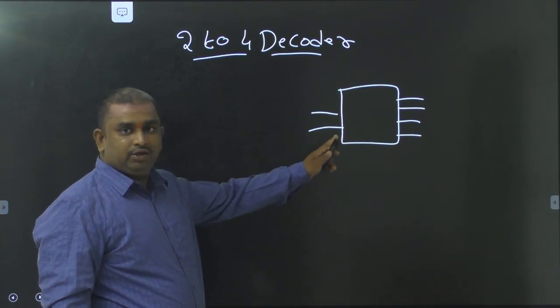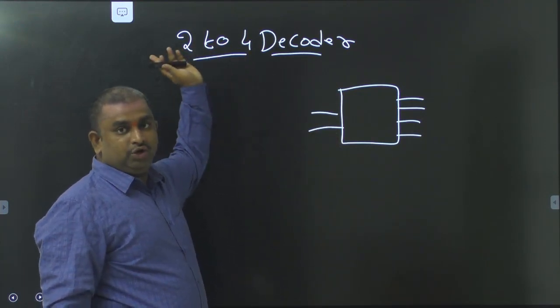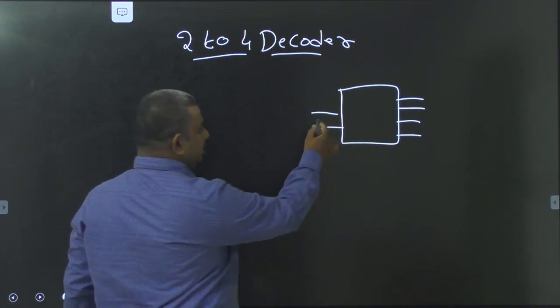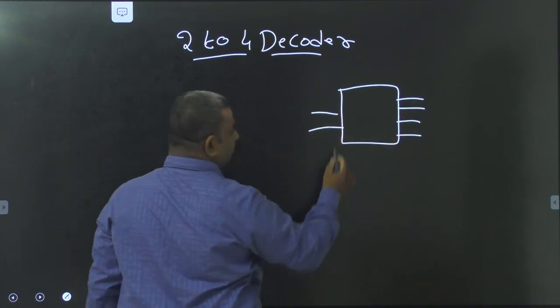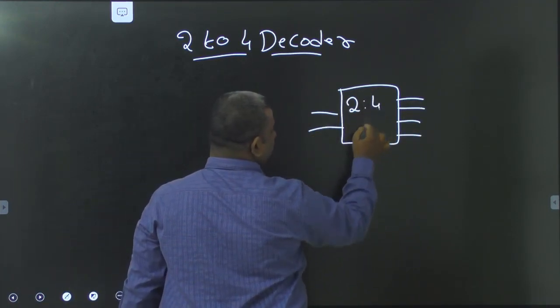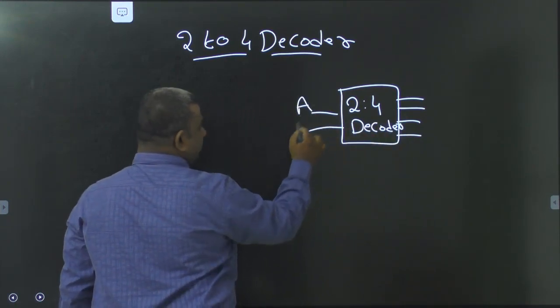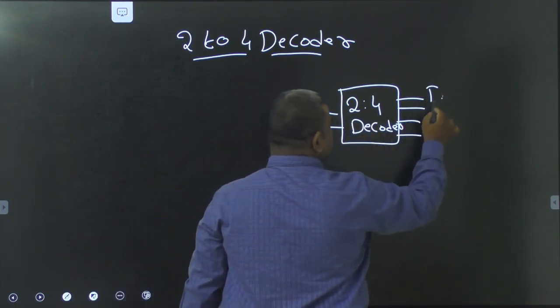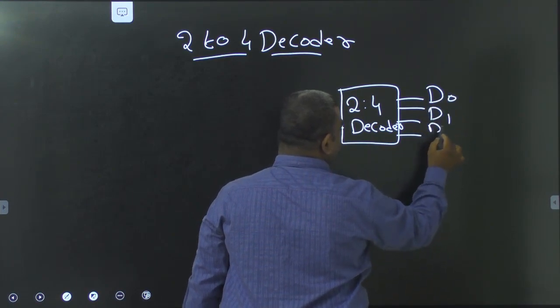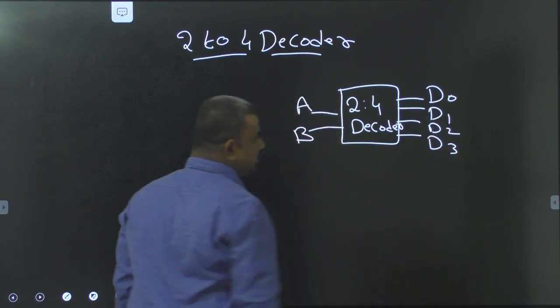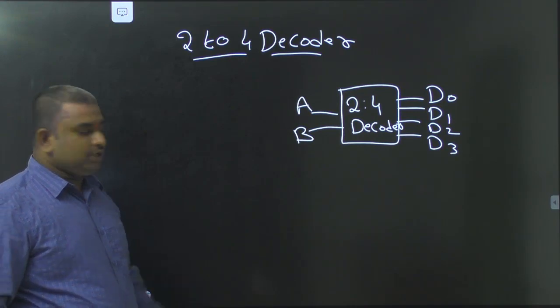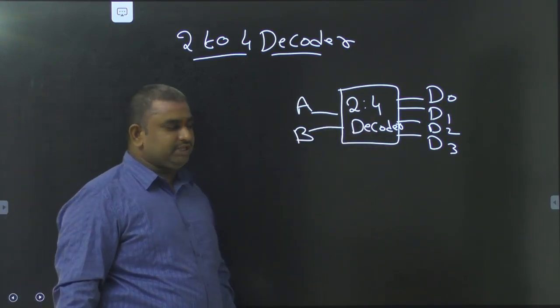Here 2 to 4 decoder means 2 inputs, 4 outputs. So here 2 inputs are there and 4 outputs are there. So this is 2 to 4 decoder. For example, here I have the inputs A, B, outputs D0, D1, D2, D3. So these are the 4 outputs. 2 inputs and 4 outputs here we have.